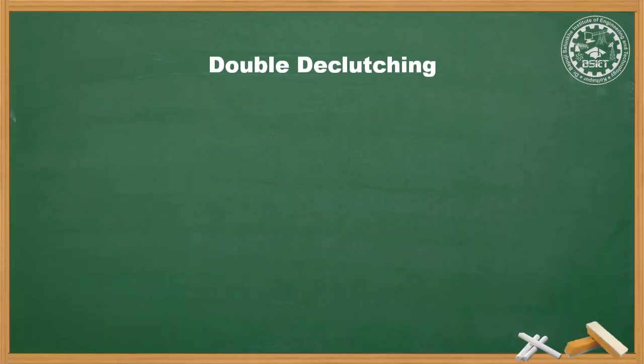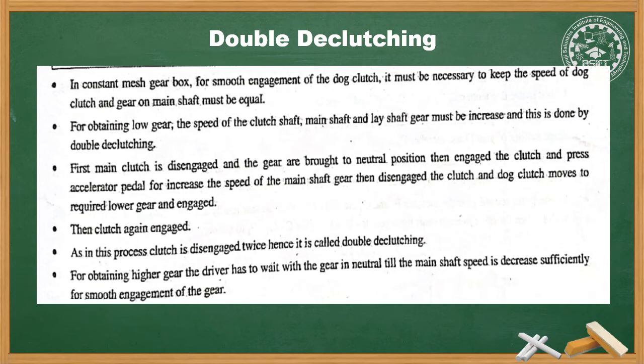Double declutching: in order to achieve smooth engagement of the dog clutch in a constant mesh gearbox, it is necessary to keep the speed of the dog clutch and the gear on the main shaft equal. For obtaining low gear, the speed of the clutch shaft, main shaft and lay shaft gear must be increased, and this is done by double declutching.